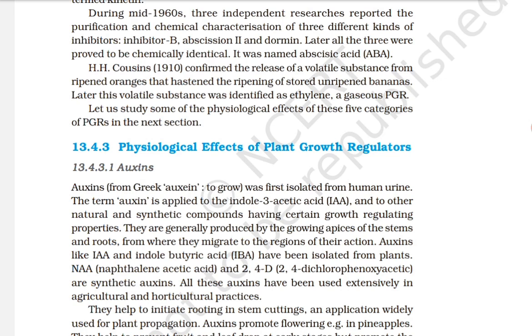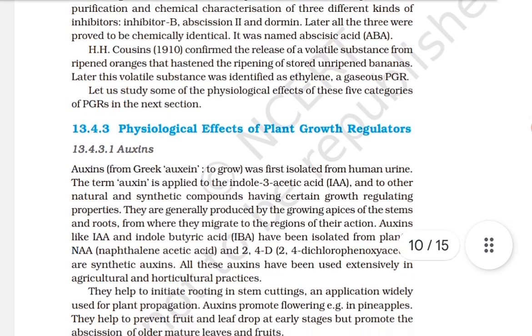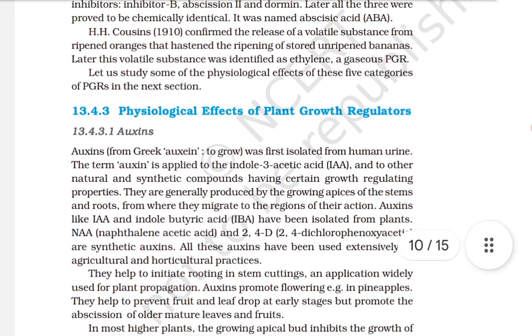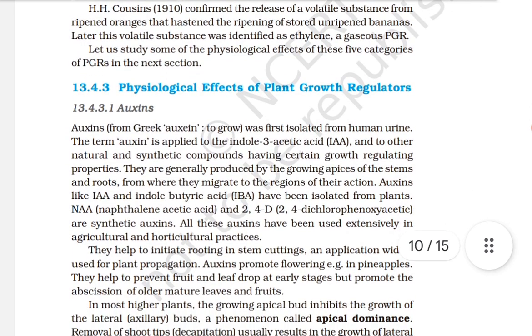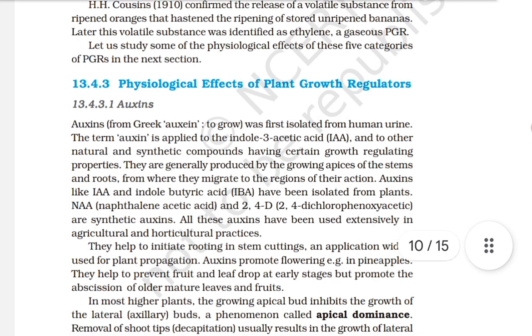They are generally produced by the growing apices of the stems and roots, from where they migrate to the sites of their action.